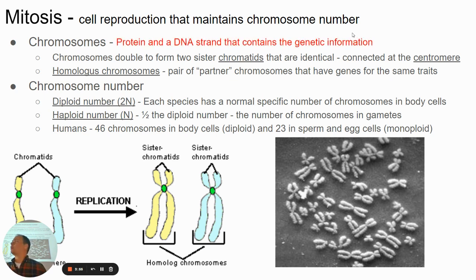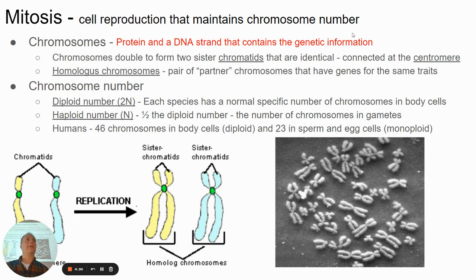So when we talk about chromosomes, they are small sort of packages of DNA and proteins. Our genetic information is stored in our chromosomes. Each cell, for the most part, in our bodies has basically the same genetic information.